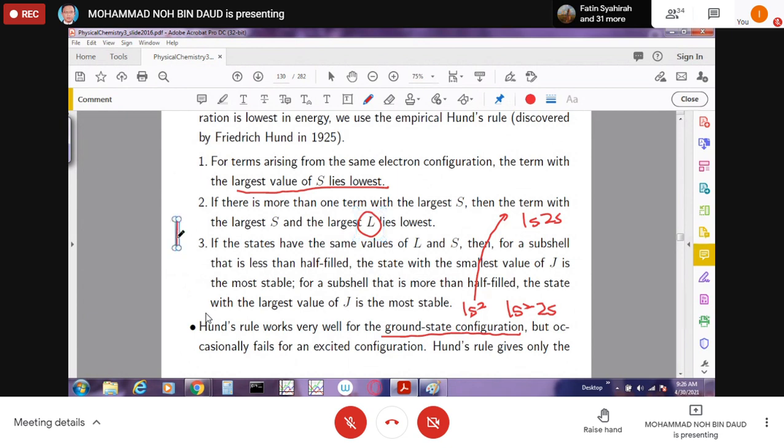We have the same P, so this second rule doesn't apply for this triplet P and singlet P. If the states have the same value of L and S, for a subshell that is less than half filled, like 2p here, the state with the smallest J value is most stable, lying the lowest.